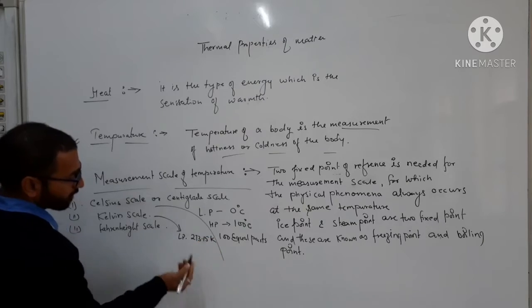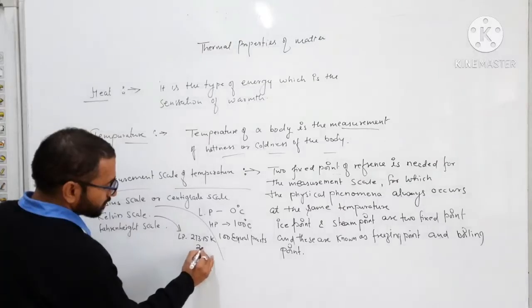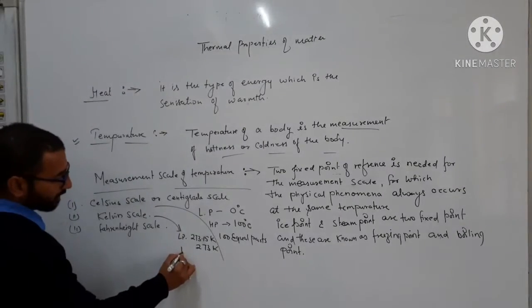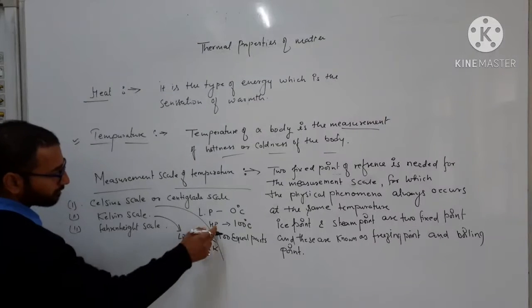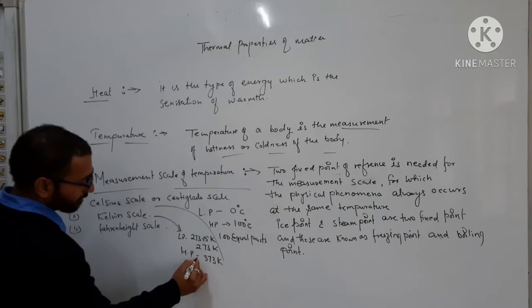But for numerical calculation, generally we will take 273 Kelvin as the lowest point, and the highest point is 373 Kelvin.